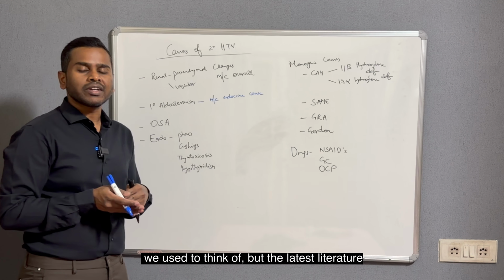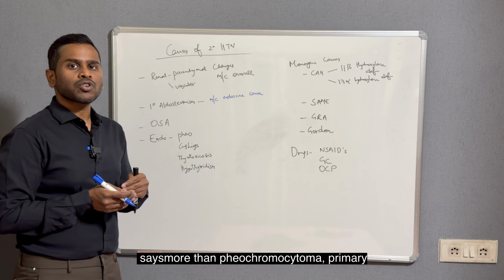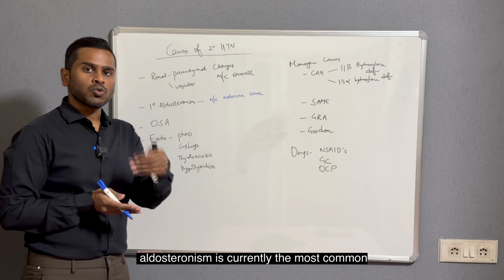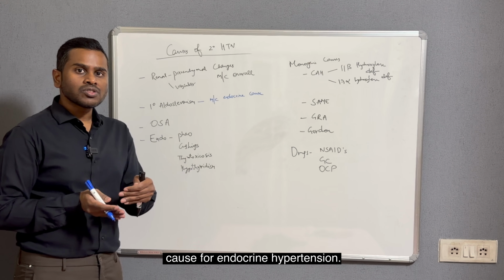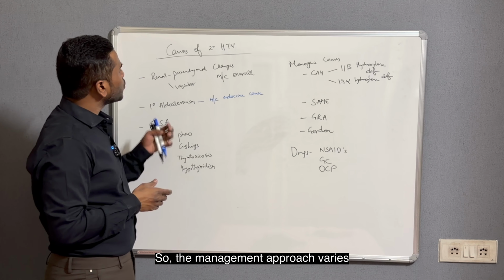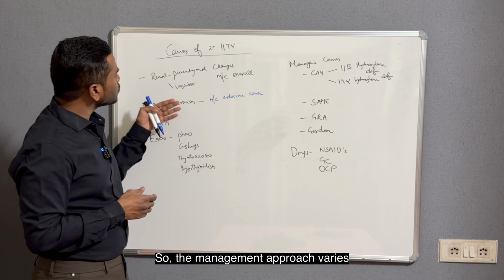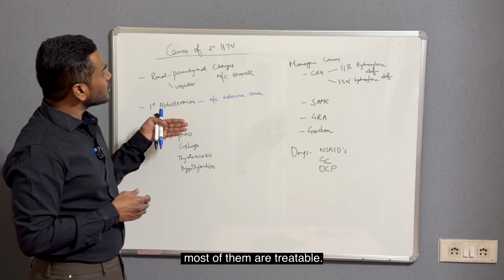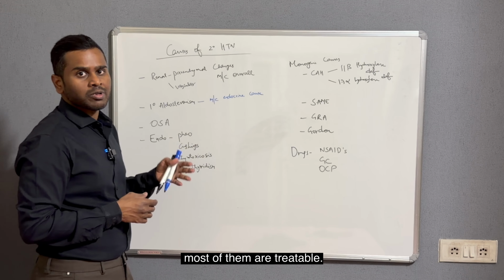But the latest literature says that more than pheochromocytoma, primary aldosteronism is currently the most common cause of endocrine hypertension. The management approach varies for each different cause, but most of them are treatable.